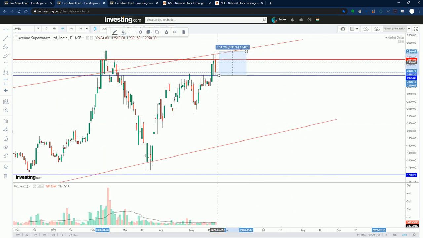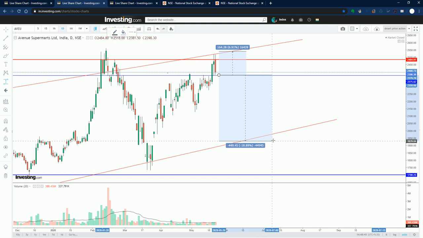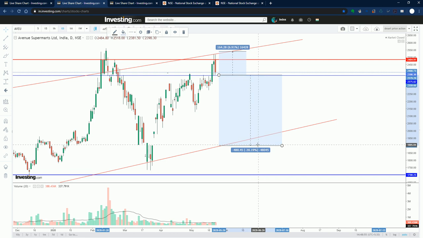Even if it goes up, there is a probability of only a 6 to 7% up movement. But if it falls down, definitely we can see filling of this gap and all. The filling of the gap, somewhat around here, is around 20%.